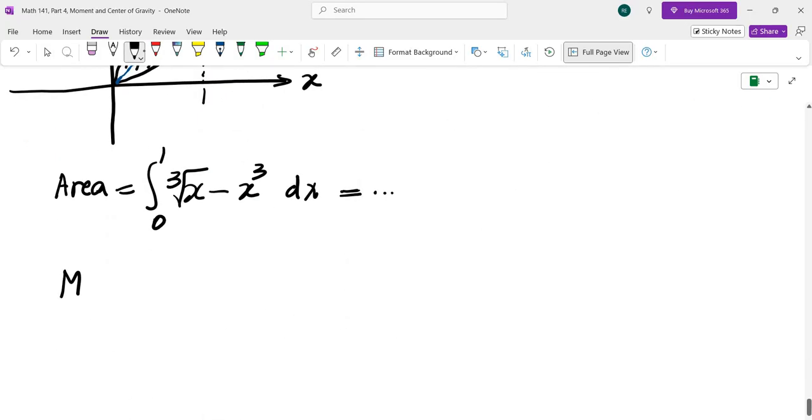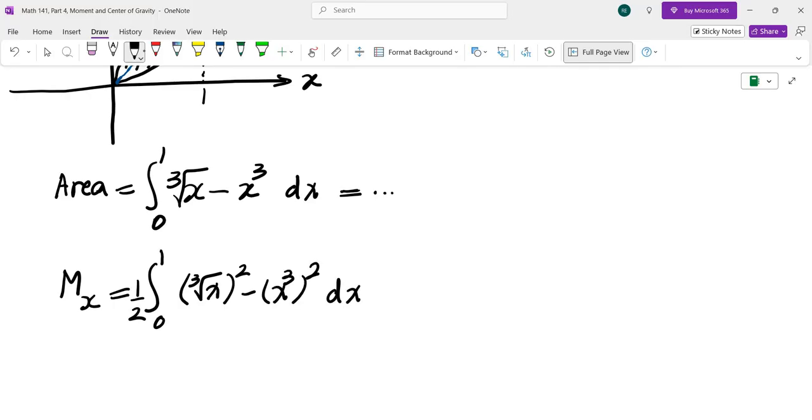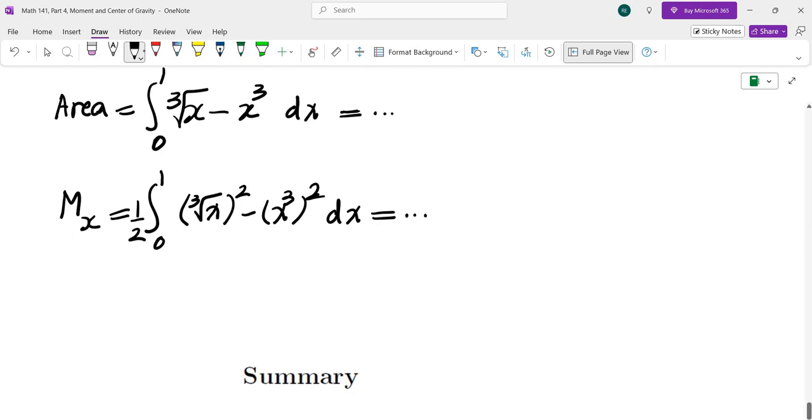So moment with respect to x is going to be 1/2 the integral from 0 to 1 of cube root of x squared minus x cubed squared dx. You evaluate these, again, pretty straightforward. And then you can get y bar as m sub x over area.